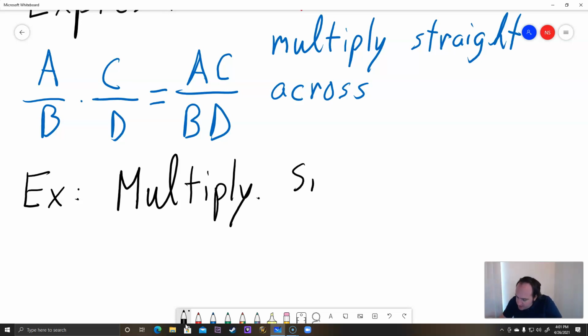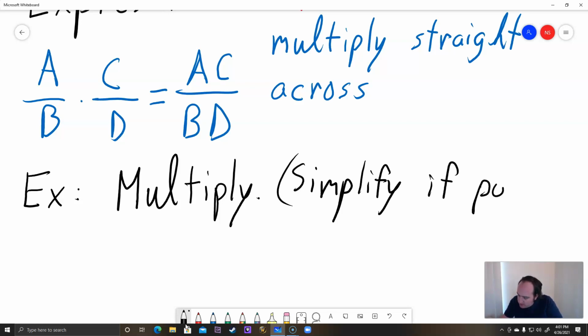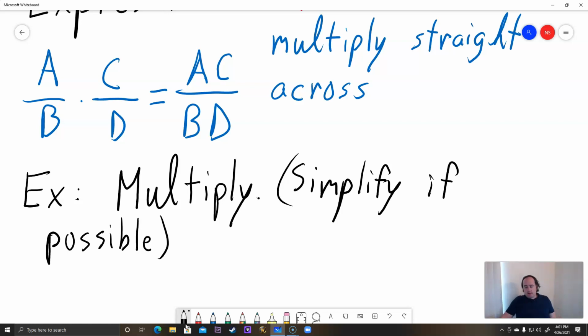So multiply, and then I'll put simplify if possible in parentheses. Sometimes they're nice, and they actually say that in the directions. They'll say simplify if possible. But other times they're not nice, and they won't say it. So I put it in parentheses because they don't always say that.